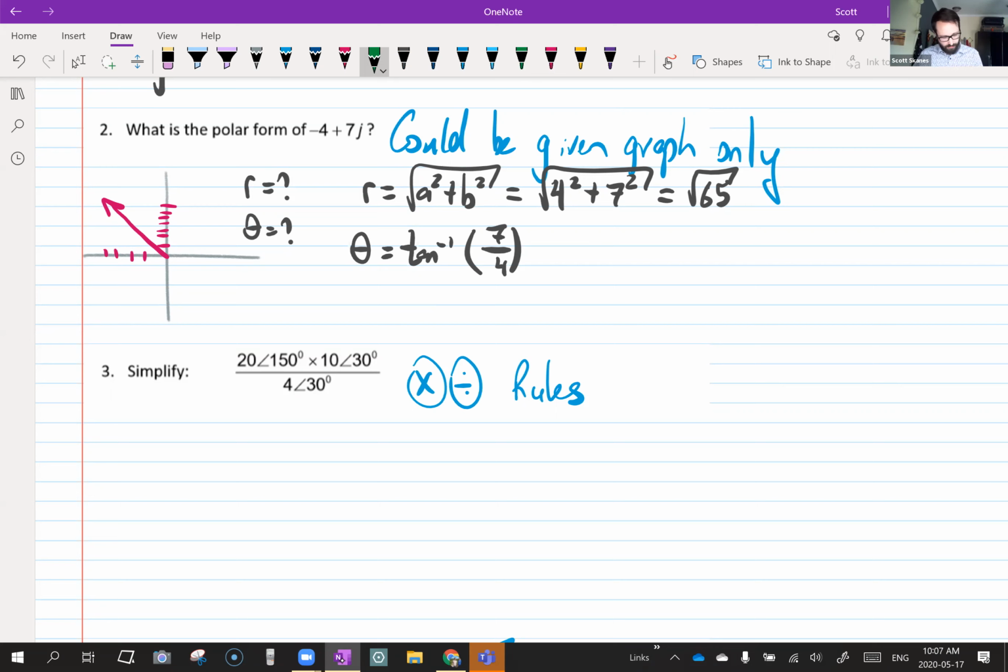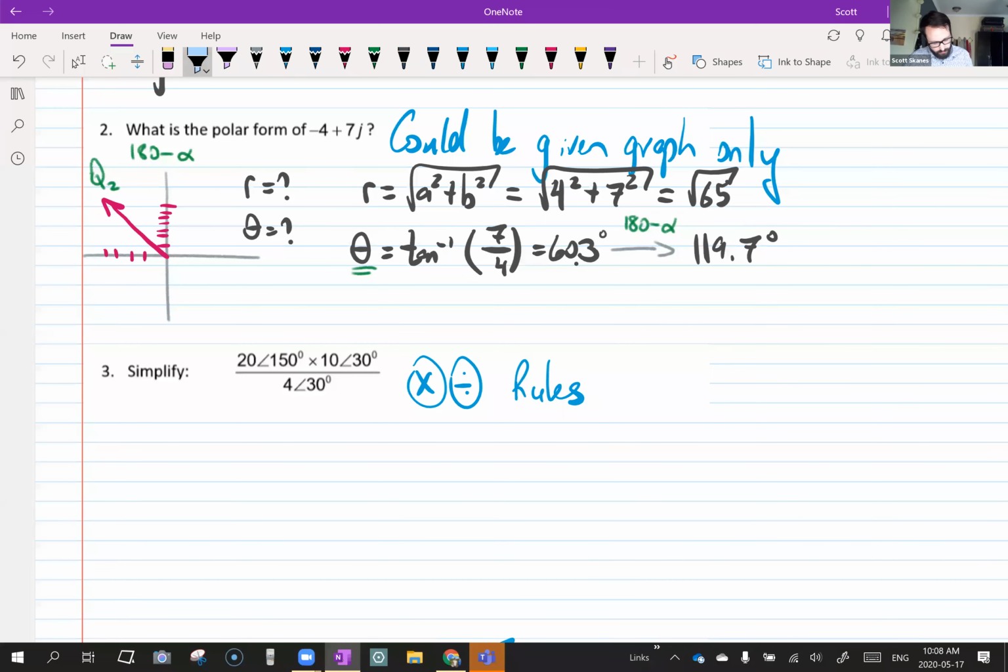Second. Quadrant 2. That means whatever I do, I need to do 180 minus that angle that I get. This will be the angle I'm talking about. So when I do tan inverse of 7 over 4, I get 60.3 degrees, which really, if I go ahead and take 180 minus this, I end up getting 119.7.